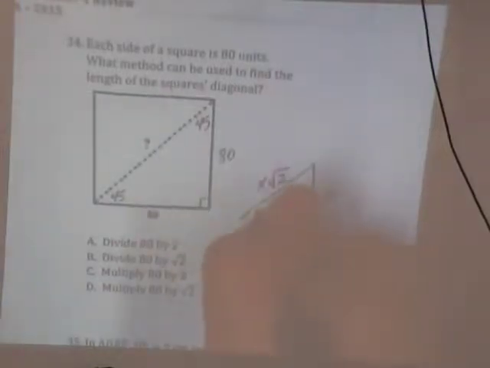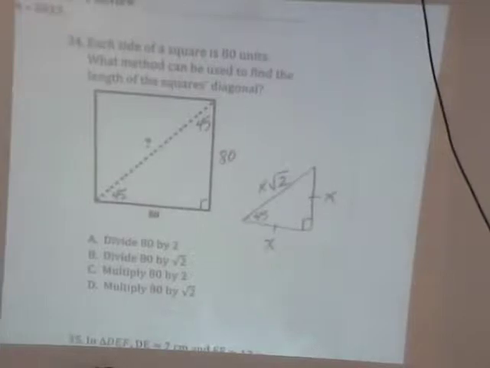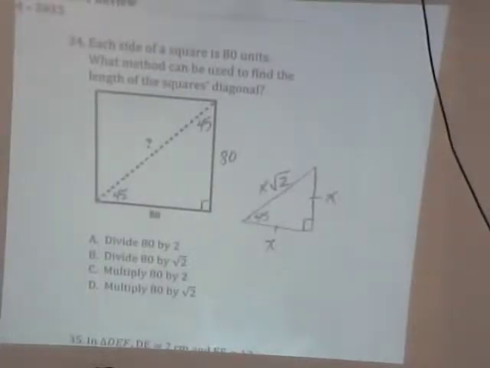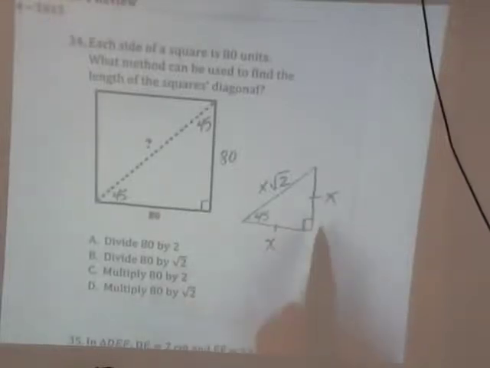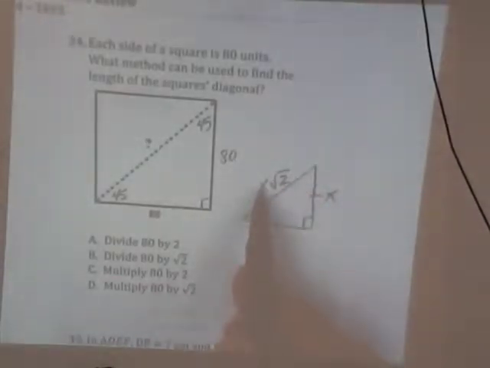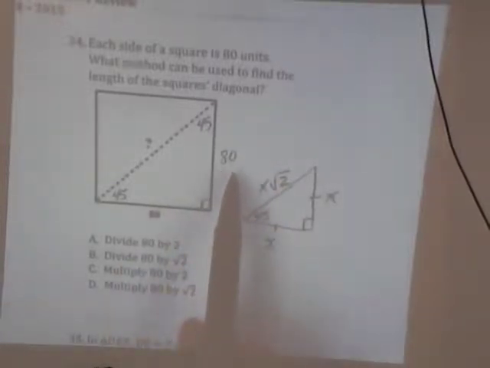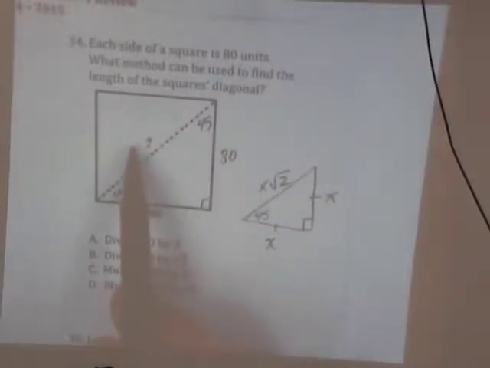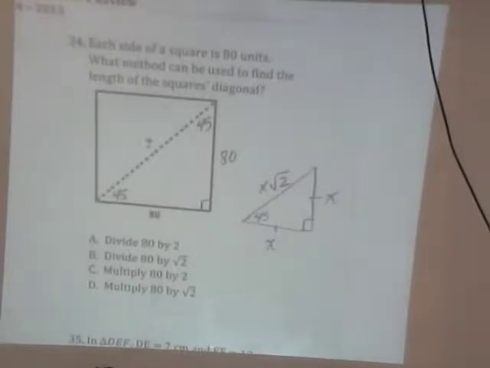So how long would our hypotenuse be? If this side's x, this side is that exact same x, just times the square root of 2. So if this is 80, how much is this? 160. Or 40. Not times 2, it's times radical 2.